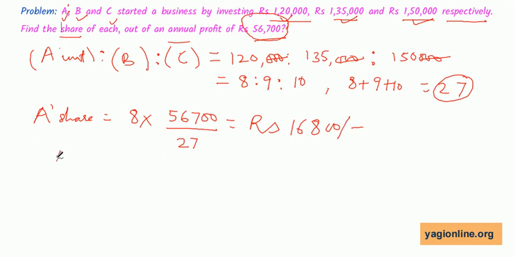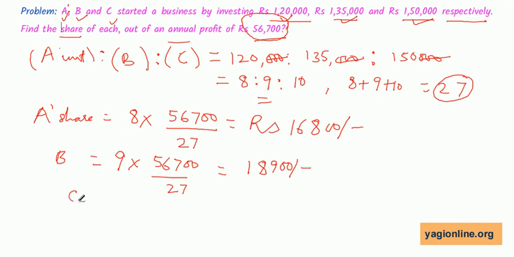Similarly, B's share will be equal to 9 units of what? 9 units of 56,700 upon 27. So because see here it is 9, you get 18,900 rupees.